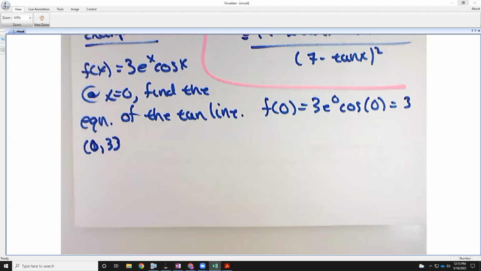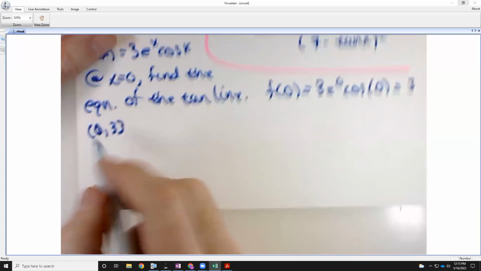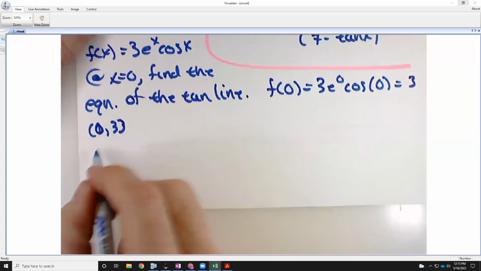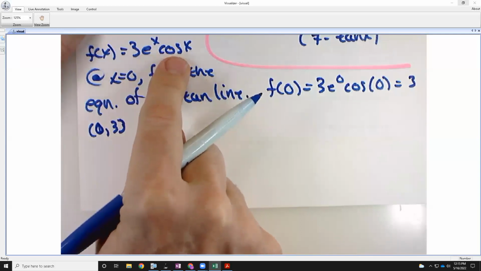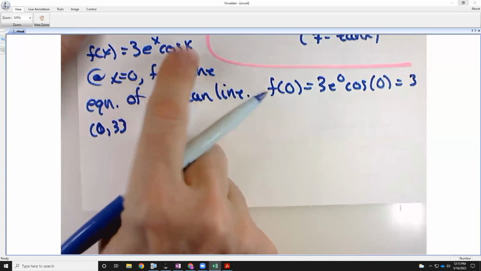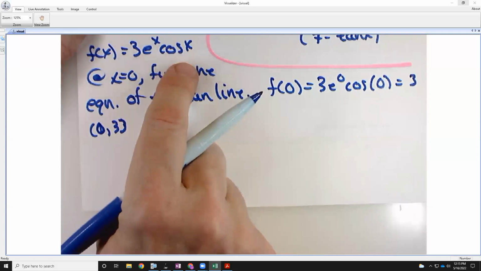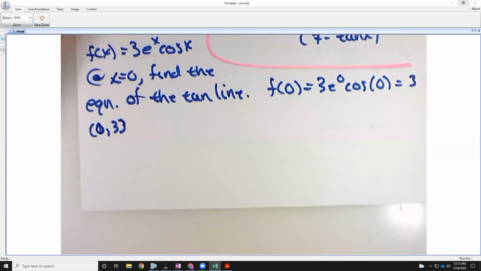I need something first though before I put it in slope-intercept form. Yeah, I need the derivative. Good. So let's see. f of x is 3e to the x times cosine of x. What do I have to do to find the derivative there? Yeah, the product rule.